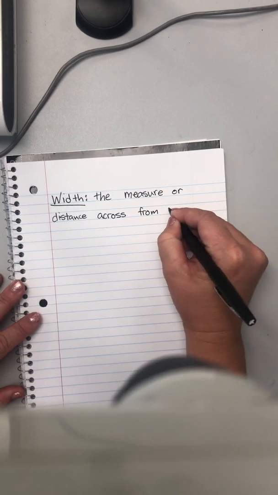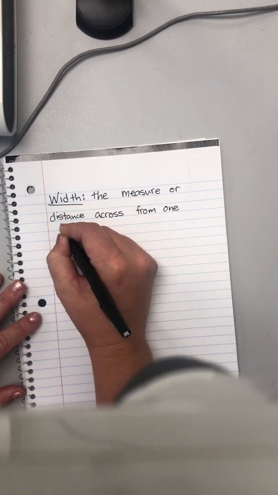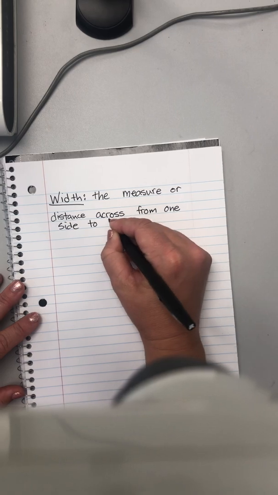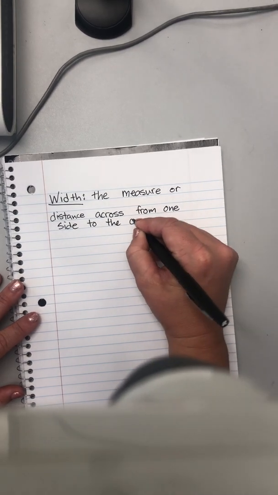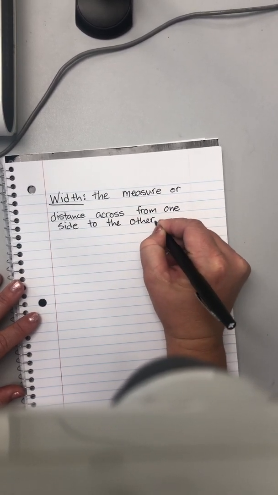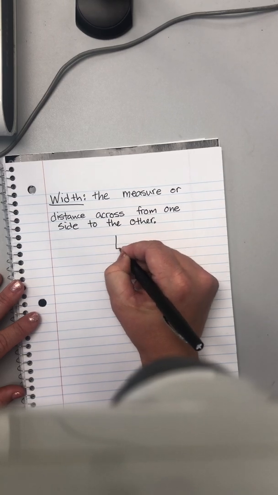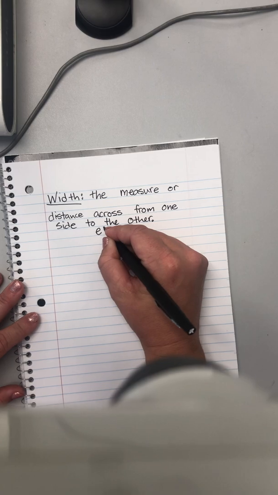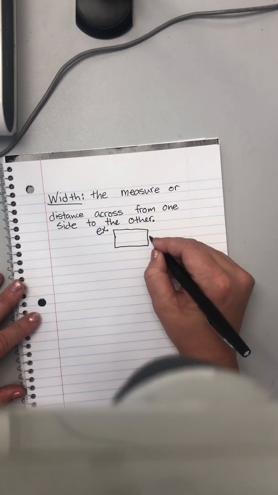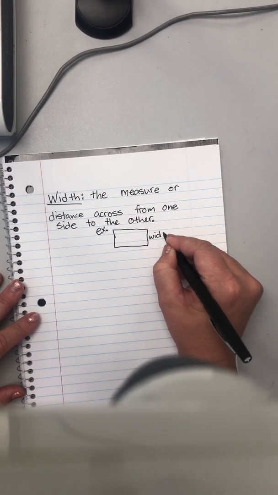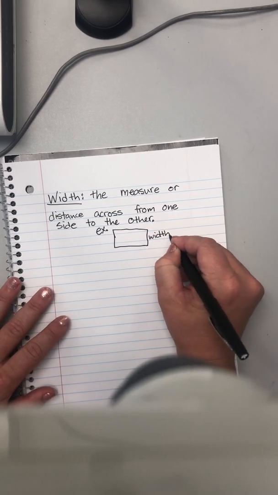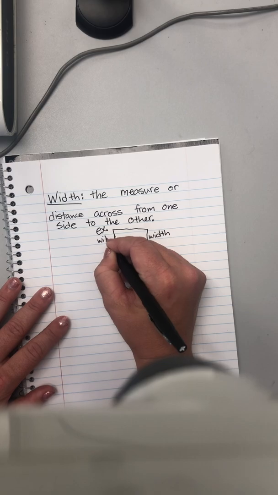Don't worry about skipping a line. So, looking at my example, this is the width. Did I spell width? Yeah, I did. Width.